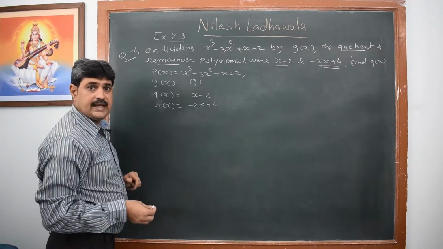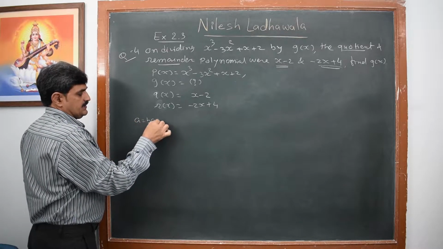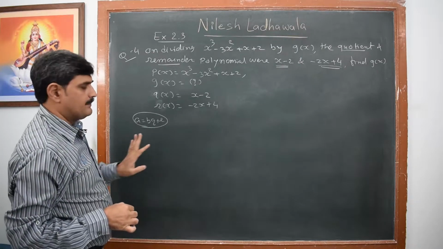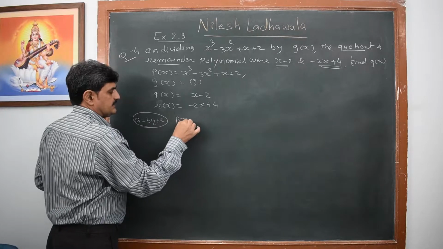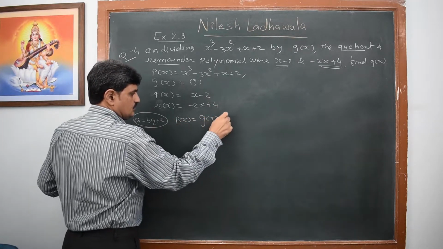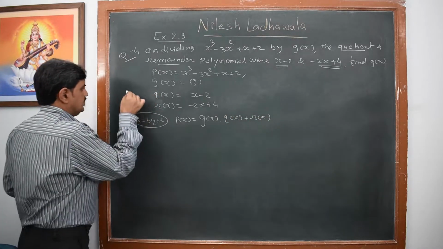So first of all, we have learned that a is equal to bq plus r. That is Euclid's division algorithm. I will apply the same here. So I can write p of x is equal to g of x into q of x plus r of x.